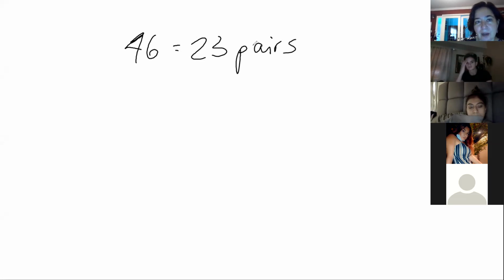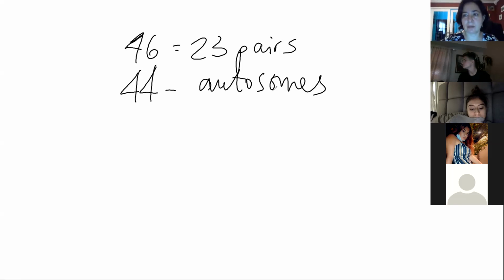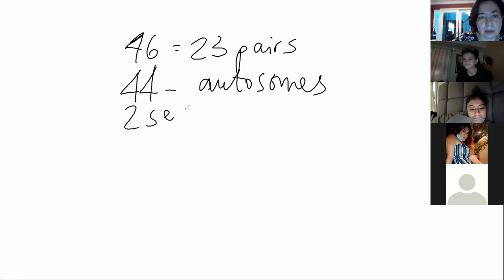And out of this 46, 44 are called autosomes. Why autosomes? Because they are not involved in determining gender, okay? So they code for a bunch of things, but they don't really determine whether you're male or female. And there are two sex chromosomes.